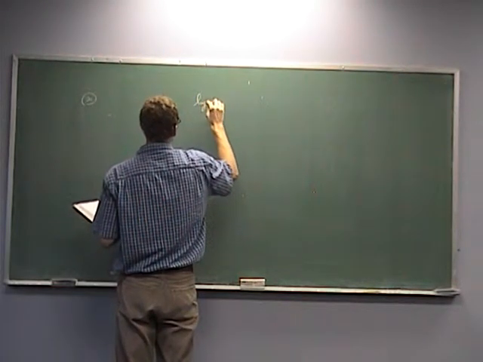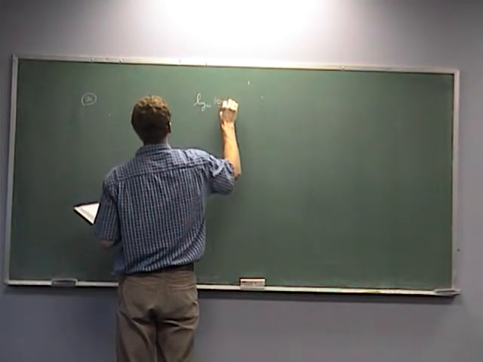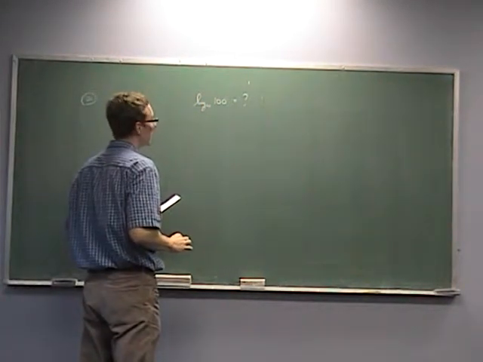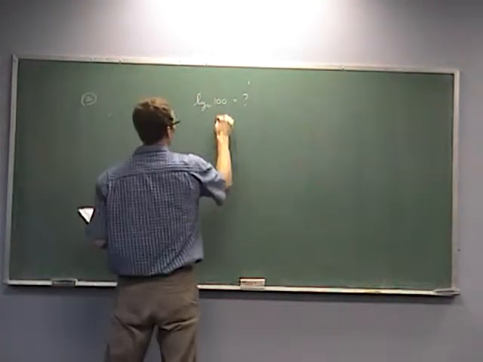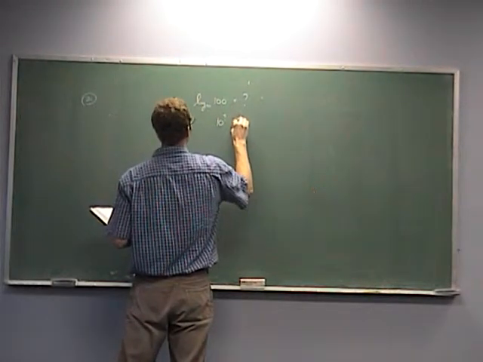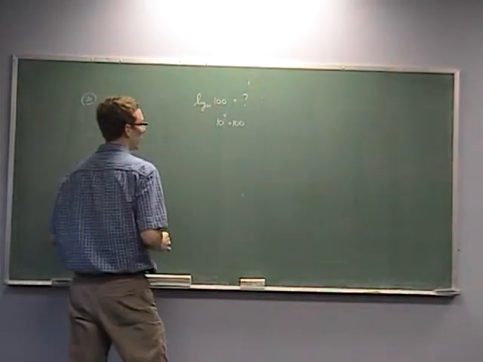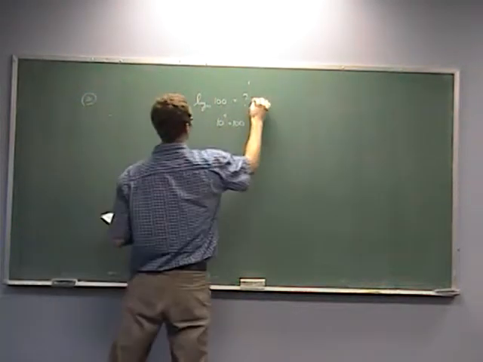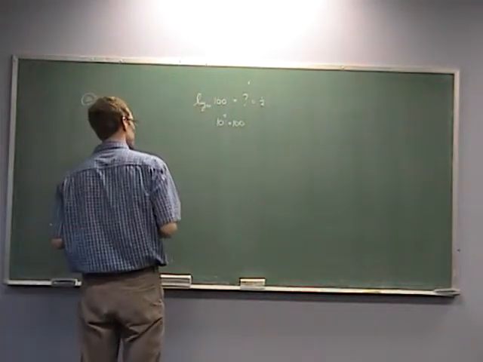So we have log base 10 of 100, and we want to know what it is. The way to answer that is to rewrite it in exponential form and ask: 10 to what power is 100? That power has to be 2.